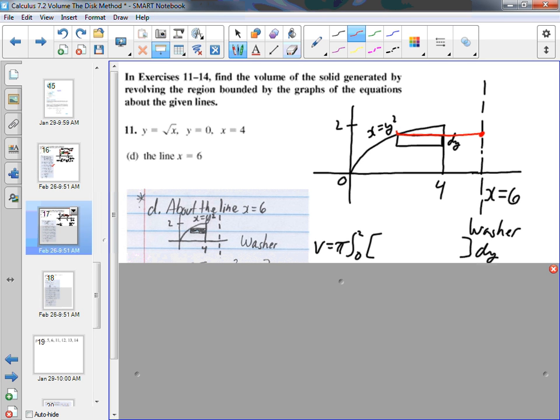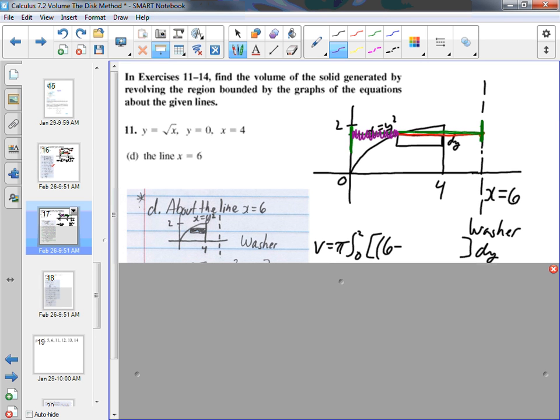So think about it the way we did yesterday. If we started here and went all the way over to the y-axis, what would that length be? Be 6, wouldn't it? Okay? So, 6. But I've got to subtract out that distance right there, don't I? Because the radius doesn't go that far. So it would be 6, but then we have to subtract part of it out.